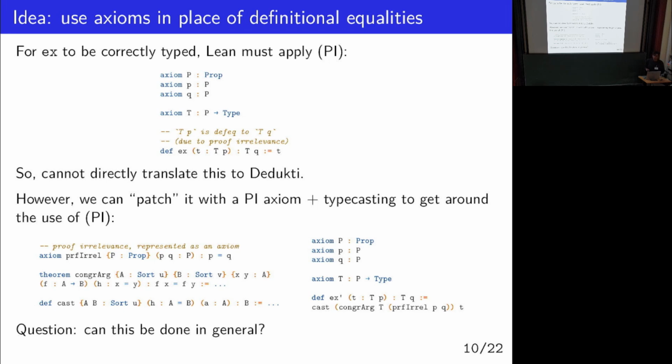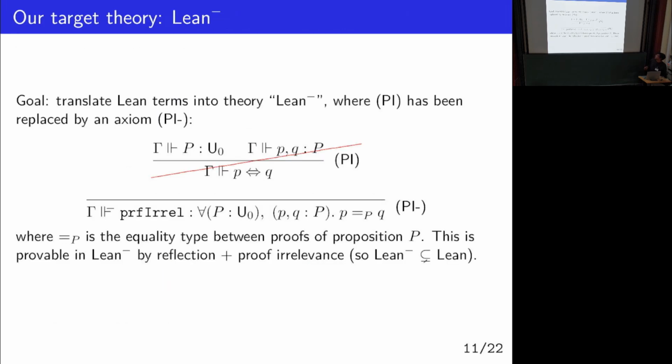So the question now becomes, can we do this kind of patching in general? And I think the answer is yes. Our goal is to translate our terms into some theory, which we can call Lean-minus, where our proof relevance rule has been replaced by a proof relevance axiom instead.